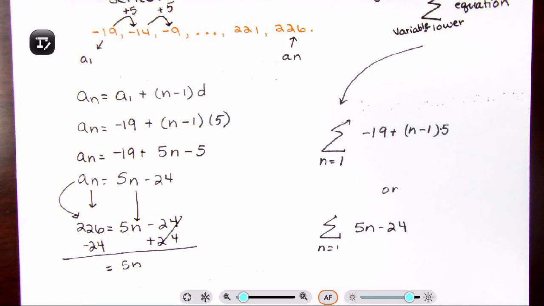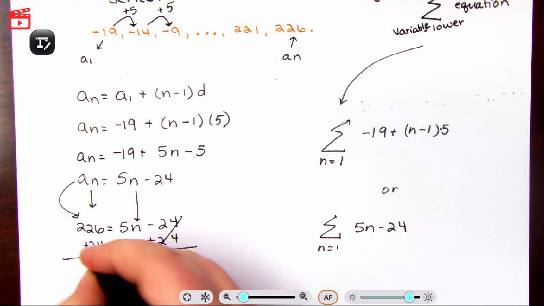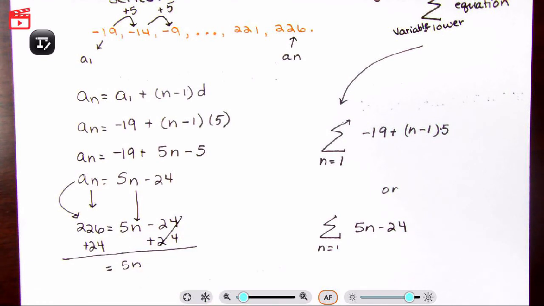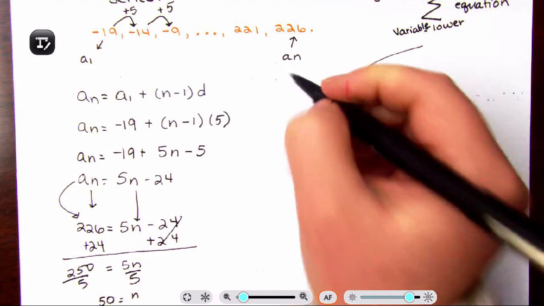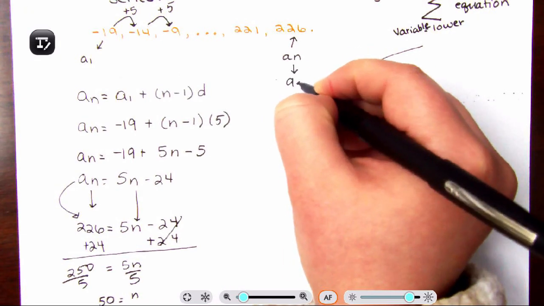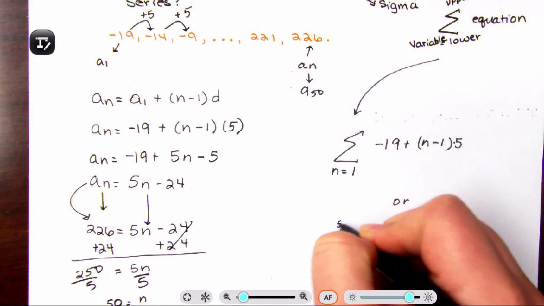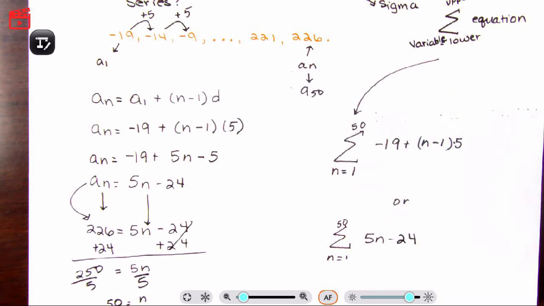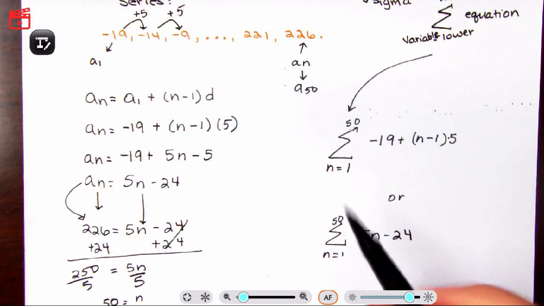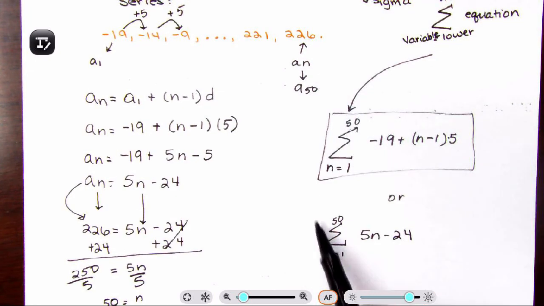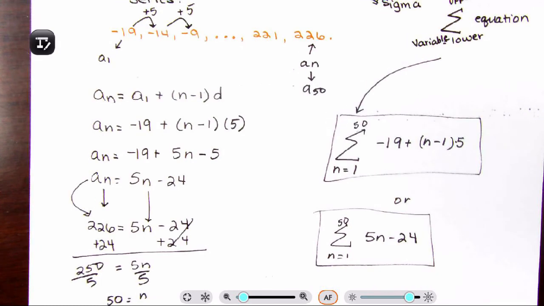And I have 226 plus 24, that is 250 divided by 5. So n is equal to 50. So in the 50th position, the 50th number is 226. So my upper limit is 50. So either this one or this one, because it didn't tell you to simplify the equation.